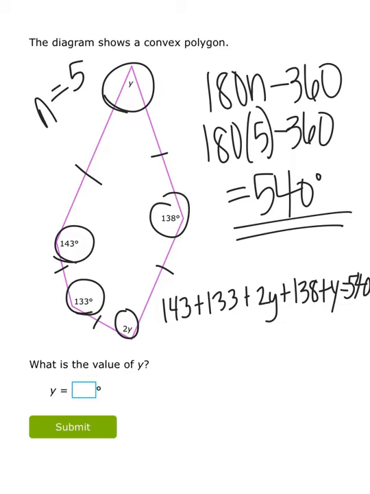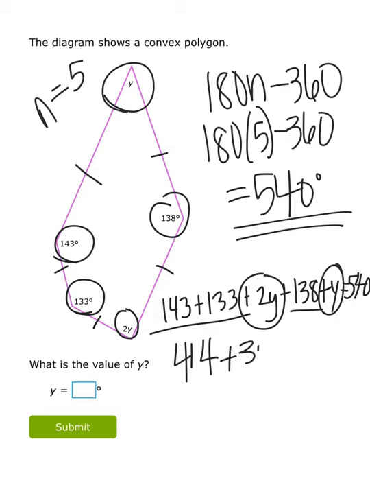I'm going to add 143 plus 133 plus 138, which would give me 414. And then I can add 2y plus 1y to get 3y. And all of this still equals 540 degrees.